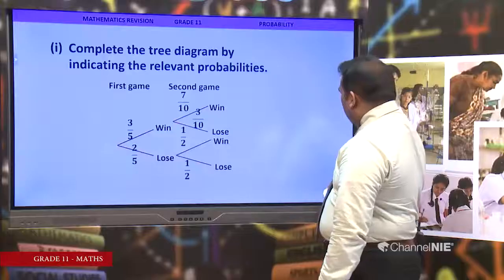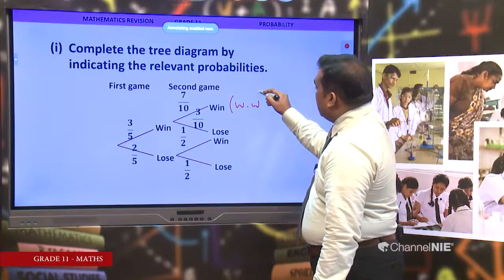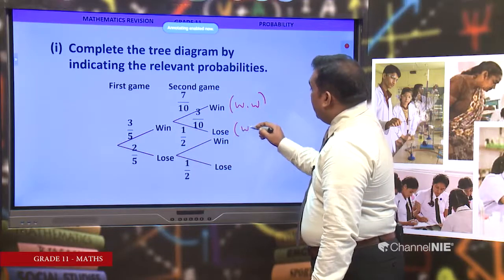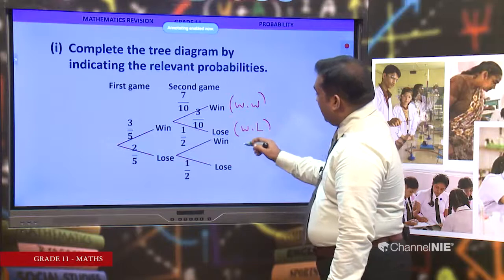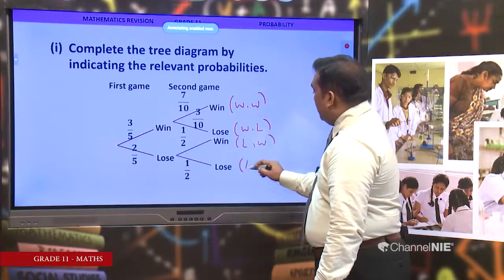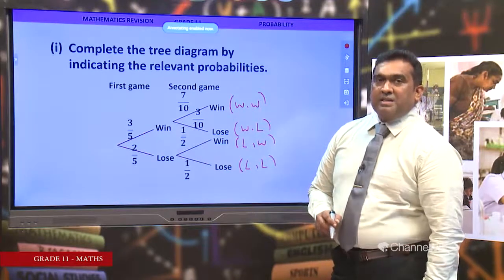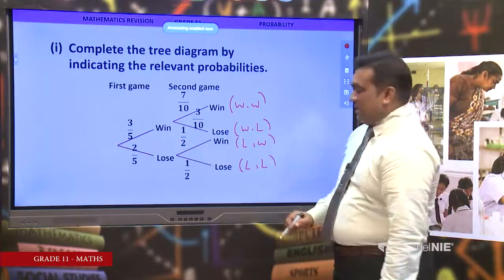Then how to make the sample space? Win-win, here win, lose, here lose, win, here lose, lose. This is the sample space, right.